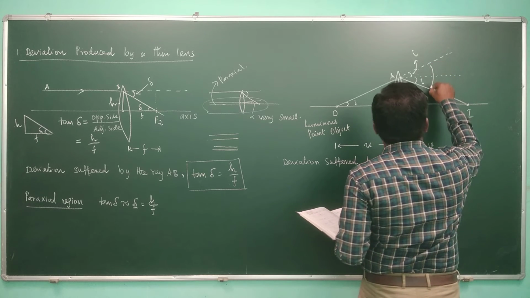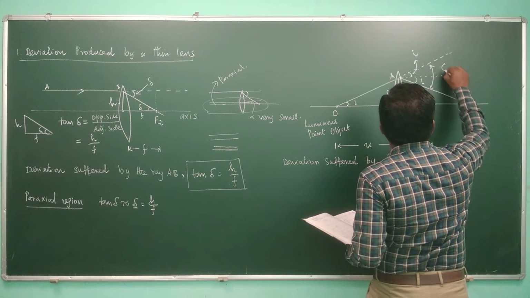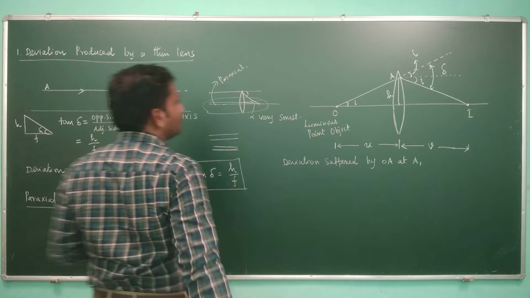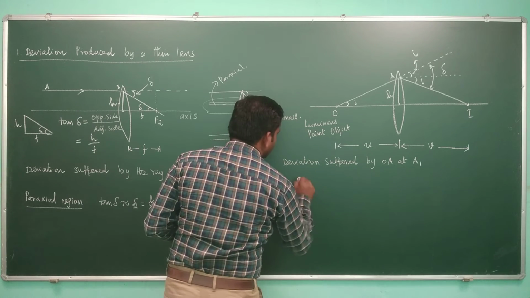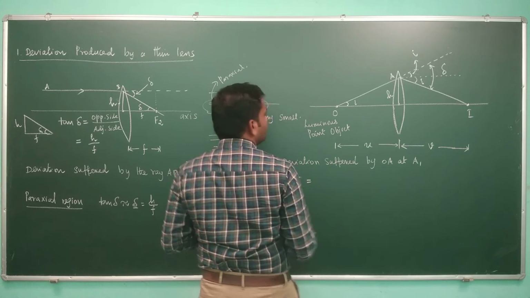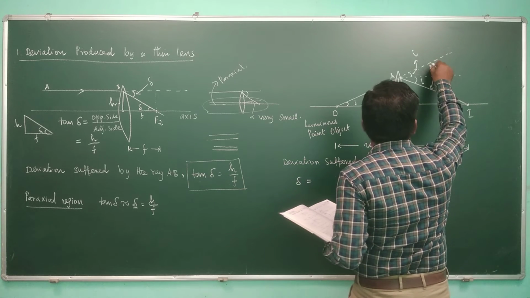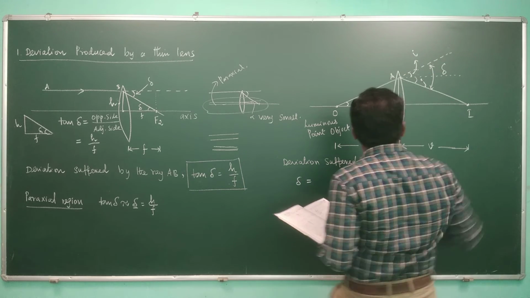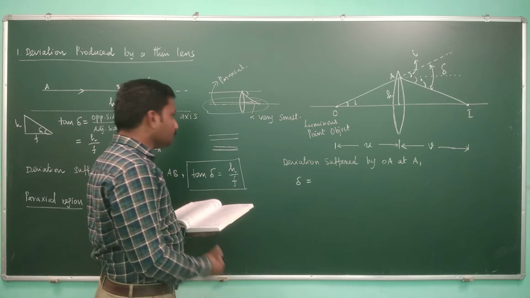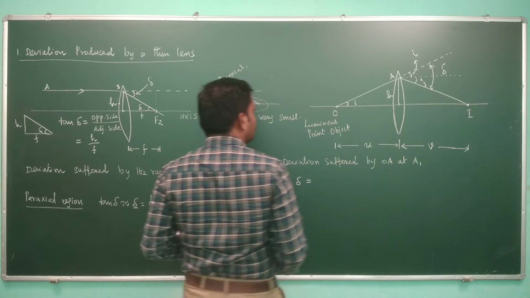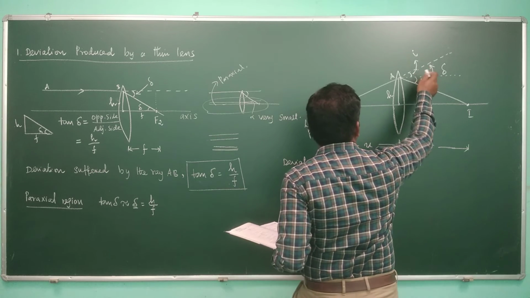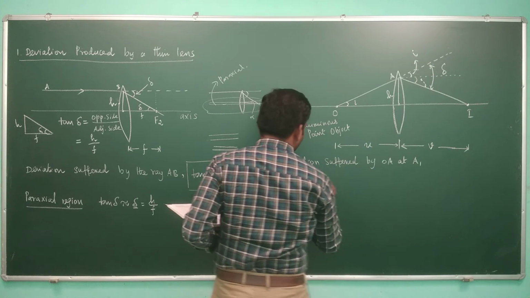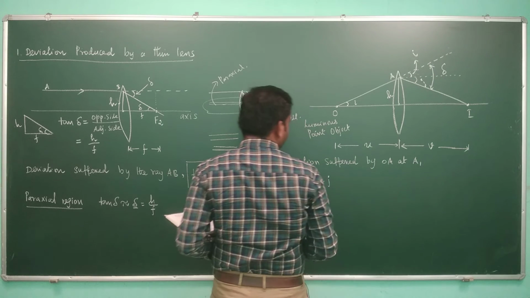So this should be the angle of deviation, let us denote delta, as in the case here. This delta is nothing but the sum of i and j. How could we identify this angle? You can write the sum of i plus j.